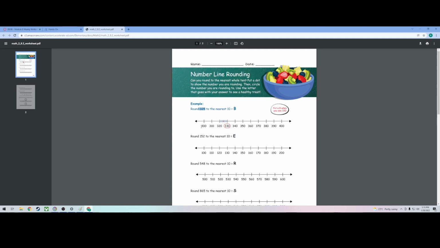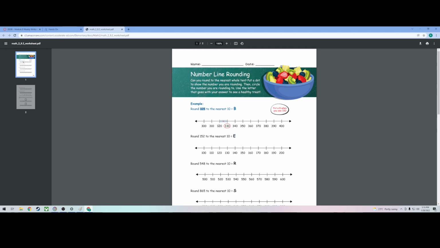If you see here, there is 300, 310, 325, 330, 340, 350, and so on. So 325 is on the number line. 325 comes between which two numbers on the 10 line?